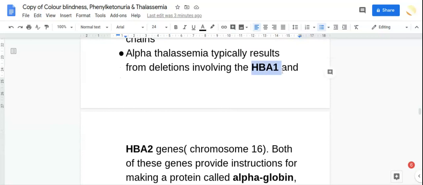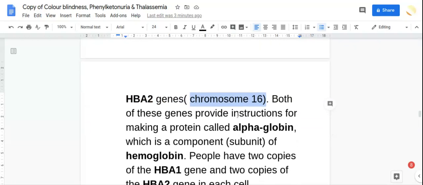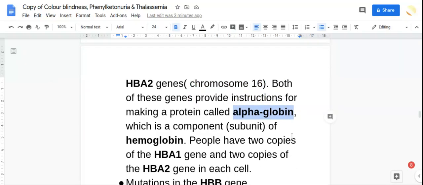So you have the HBA1 and the HBA2 genes, okay, which are primarily involved in alpha thalassemia, because these two genes, which are located on chromosome 16, provide the instruction to make this protein alpha globin, which is required to make the alpha globin chains of the hemoglobin.